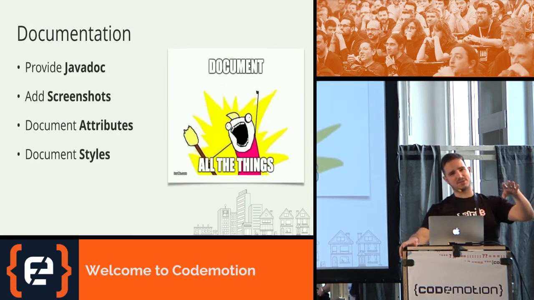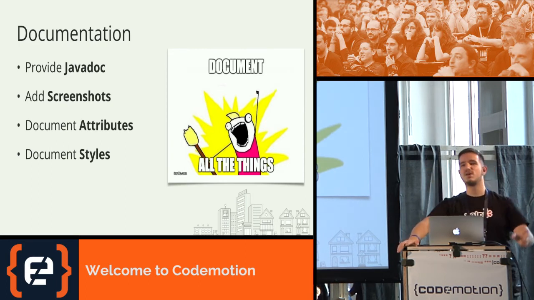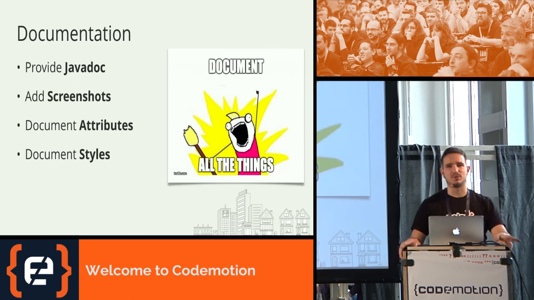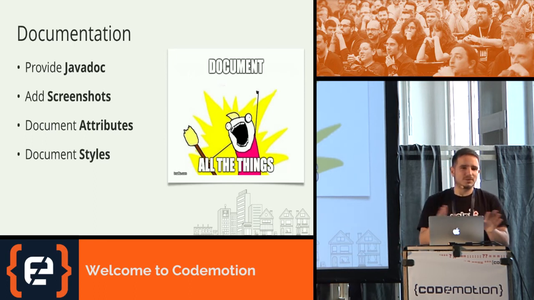So every attribute and every style in the XML has to have an XML comment on top that says this is the style that is supposed to be used for the dark theme. And this attribute is controlling the description and is showing these numbers or whatever. This is really important because a lot of other developers will use that component, and we want to reduce headache as much as possible.